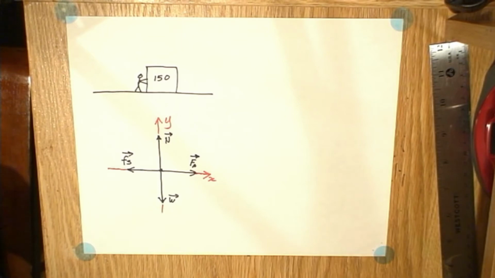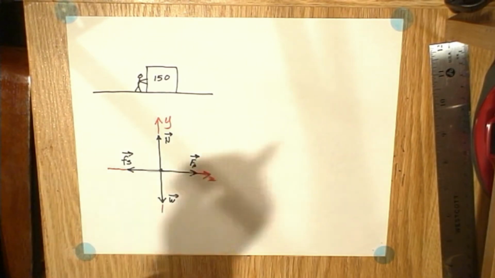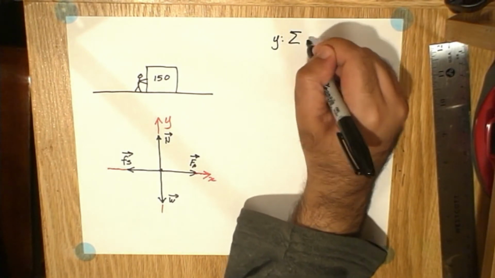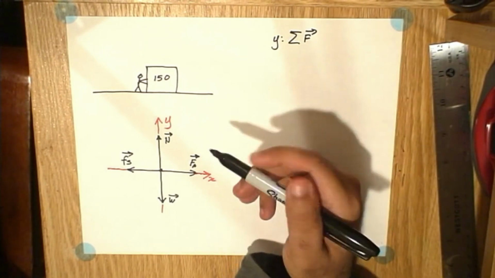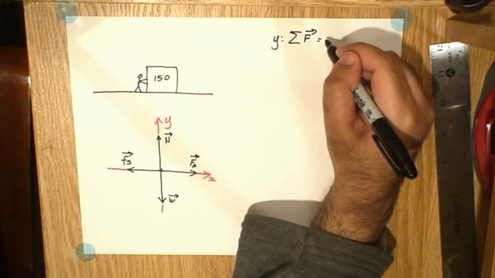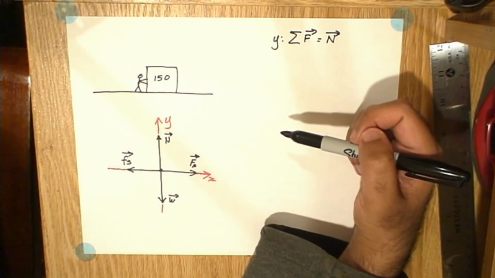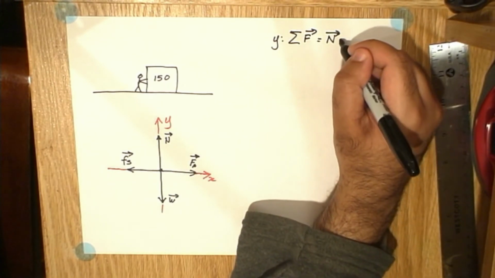Now, let's do a force balance. We'll start with the y direction. In the y direction, the total force is given by the normal force up minus the weight force down, which I could write like this.